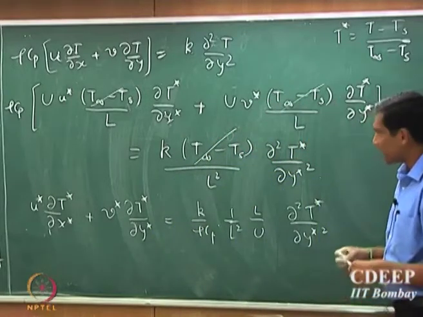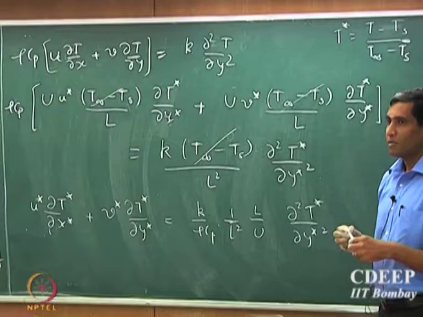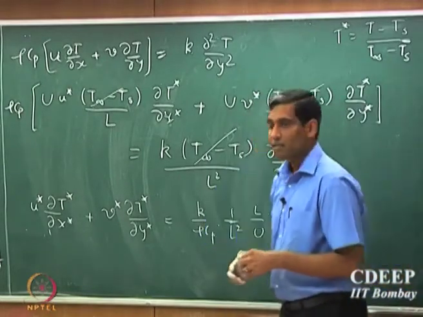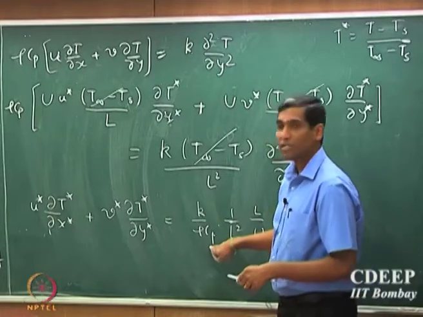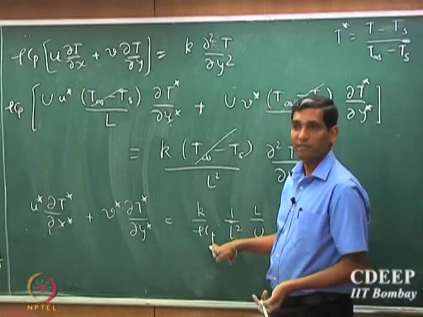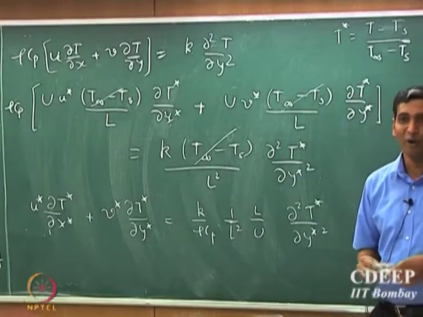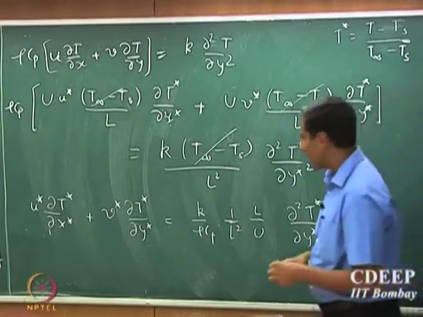What is k by rho Cp? k by rho Cp is thermal diffusivity, right? Rho Cp by k is thermal diffusivity? No, it is k by rho Cp is thermal diffusivity.